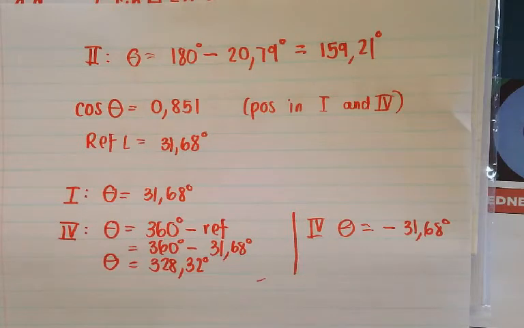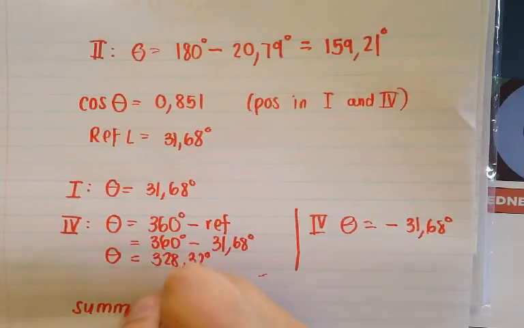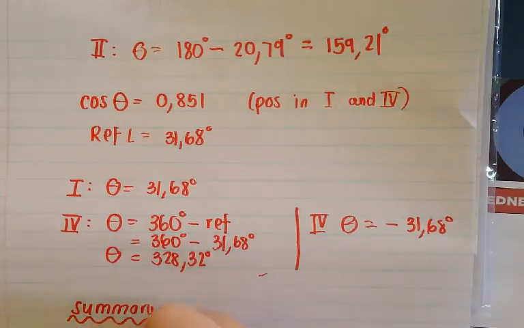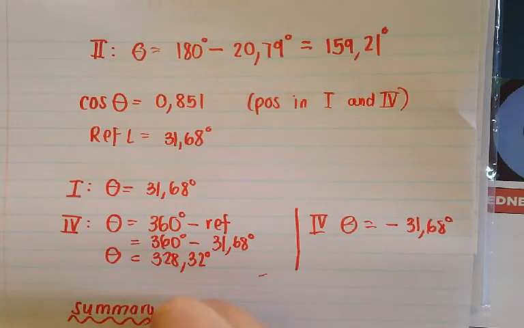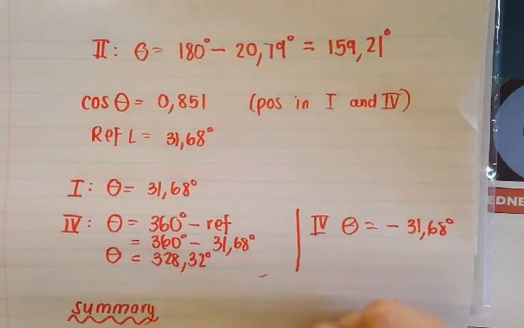So what do we have so far? Let's do a quick summary. We need to know, is the function positive or negative? And then find the quadrants.